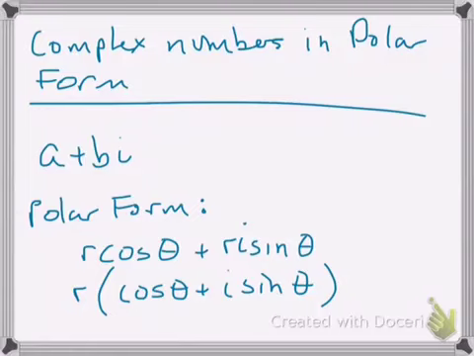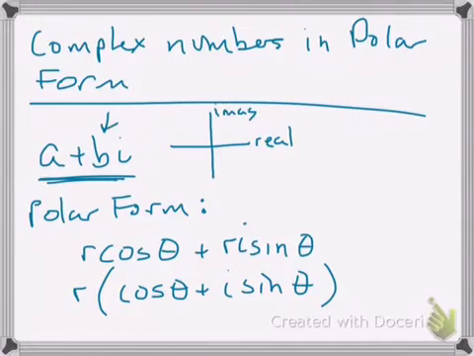Now let's talk about the relationships here. In the complex plane, we have our real axis, which is related to which of these variables? A is the real axis, so that's like our x coordinate, so to speak. And then we had the imaginary axis, and that was related to b. So we had real, imaginary, x, and y.